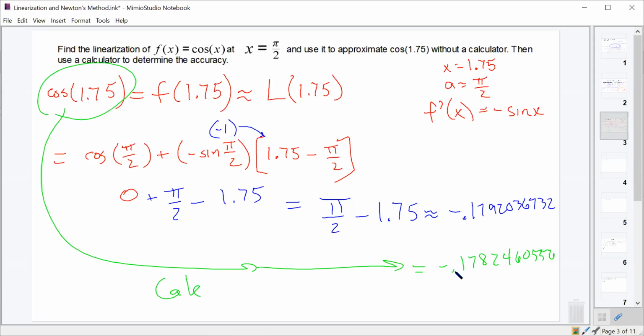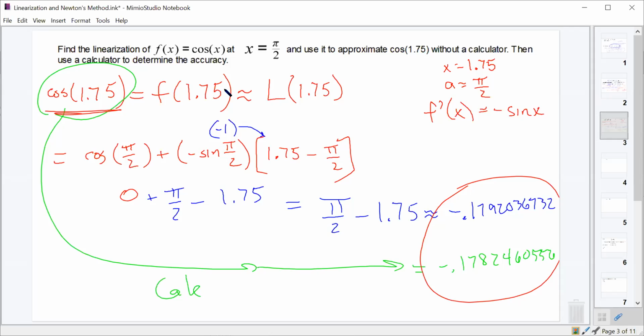Is it always going to be a similar difference between the actual and the approximation? Between these two, it should be very, very close, because that's kind of the whole point, we're trying to get something that's exceptionally close to the true value. As long as the number we choose is pretty close, it should be within 100th or less of the original value.